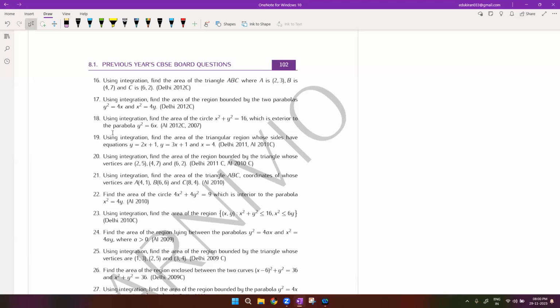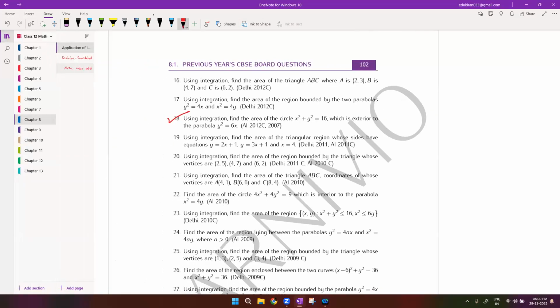Yeah, this I wanted to take. 18th. Fatafat, note down the question. I'm writing the question, all the necessary information. A circle is given, x square plus y square is equal to 16. And a parabola is given, y square is equal to 6x.